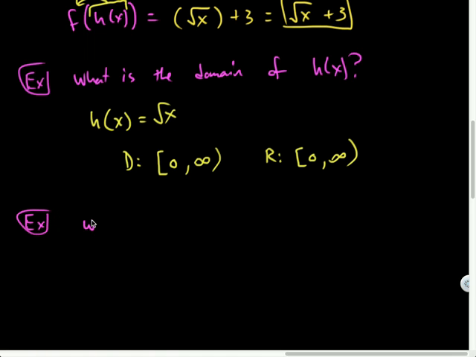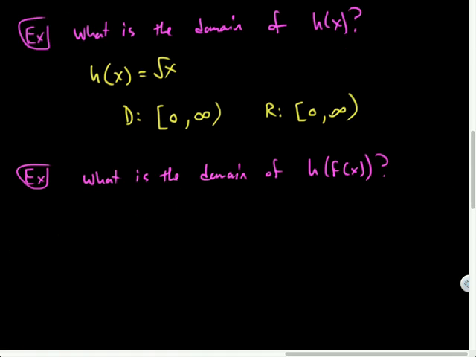So, follow-up question. What is the domain and range? I'll just specifically ask domain because that's what's more interesting to me. Of h of f of x. So what did we say a moment ago that h of f of x was?